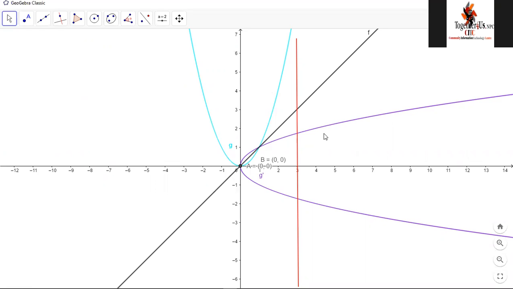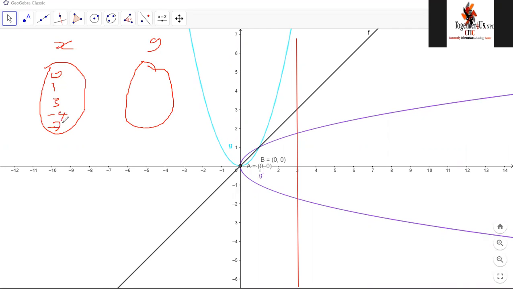So given a set of ordered pairs, guys, if I've got input values here, that is X values, and I've got Y values, I must have a case whereby for any X value here, let's say 0, 1, 3, minus 4, minus 7, etc. And let's say here we have 3, 6, 9, 8, whatever the number could be.